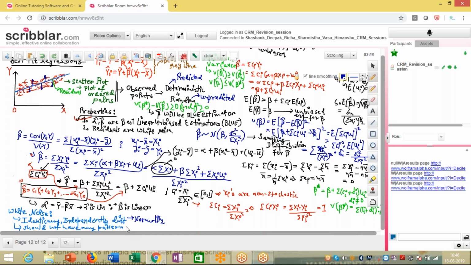Now, if I say that it should not have any pattern, what it implies over here is the following: all positives and negatives should cancel.